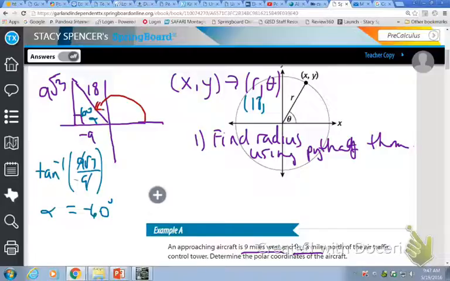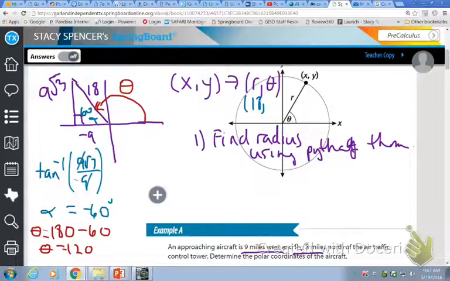That was our terminal side, the radius. So how would we do that? 180 minus. We're going to take our reference angle and subtract that from 180, and that would give us our theta to be 120.